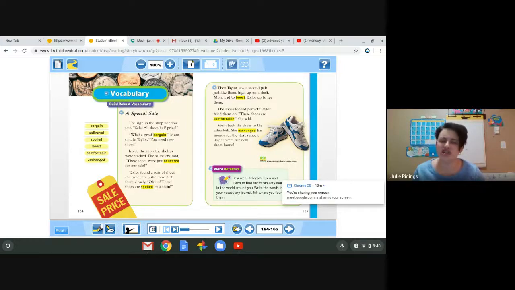And then exchanged. If I go to the store and I want to buy a brand new marker, but I go to write and it's all dried out, I can go back and exchange that marker for a new marker. Exchange means to hand something in but get the same in return.